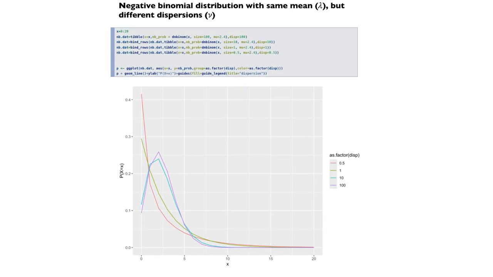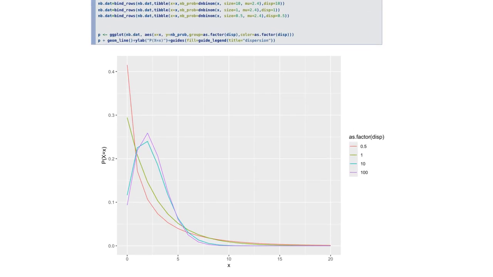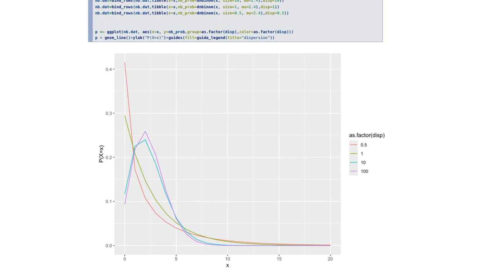This is what they look like, the negative binomial for different, these all have the same lambda. They just have different dispersion parameters. So they go from very small, and that will mean you're dividing that lambda squared by a small number, so the variance gets much bigger. And those have the property that they start really high, but they have a really big tail.